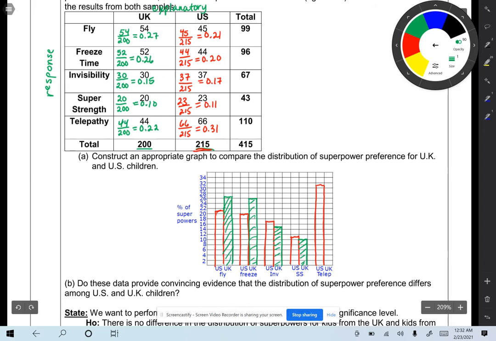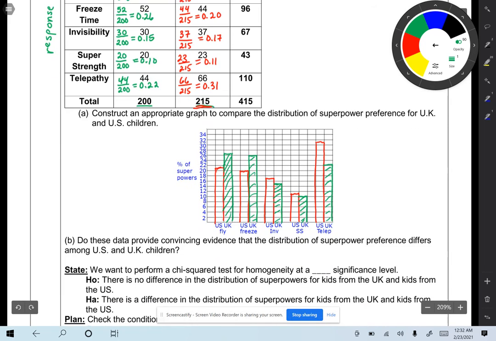And lastly, 22. All right, and so we're doing the percent instead of counts due to the 200 and 215 counts. And if you look, it seems like the biggest difference is in telepathy and flying.